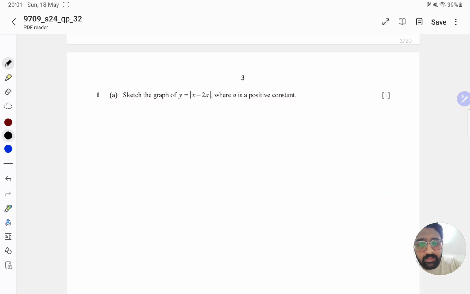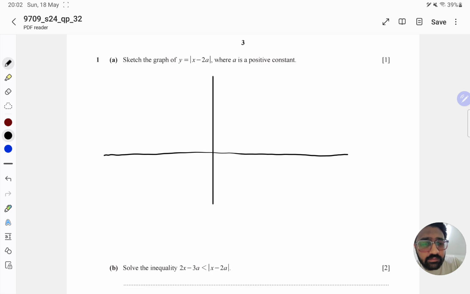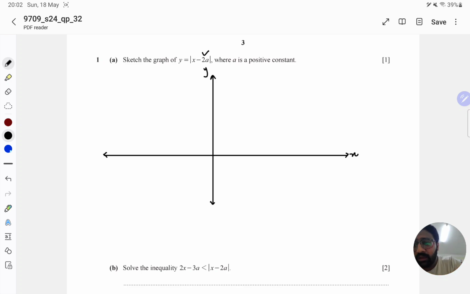So let me make the x-axis and y-axis. So this is the y-axis and this is the x-axis, and if you look over here, this is going to be 2a.